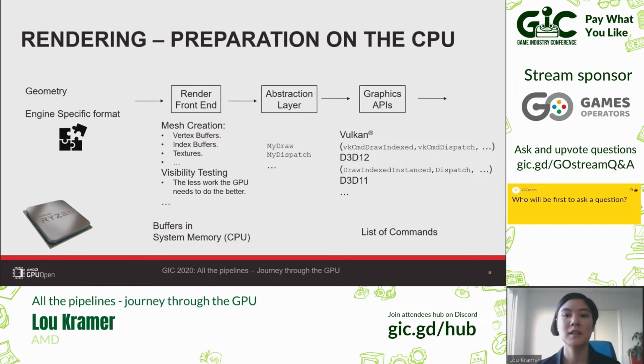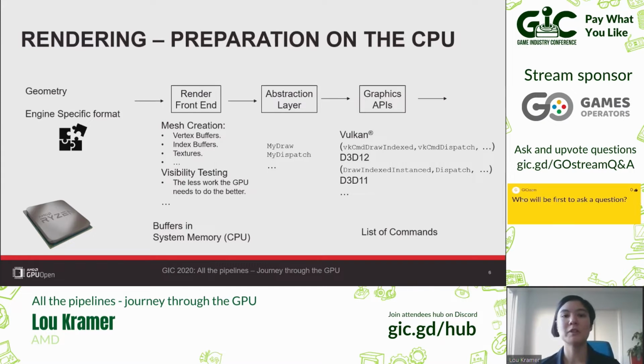Then you reduce the needed memory for the vertex and index buffer in total. Then you can also have some textures associated with your objects and maybe some other kind of data you need to process. You can also do some other pre-processing already on the CPU, for example, visibility testing, so that you don't transfer data to the GPU which is at the end not needed because it's not in your view space.